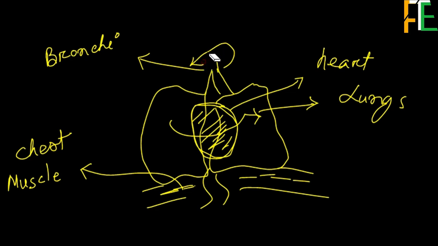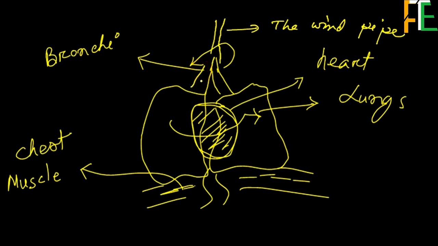The trachea, the wide pipe, is later divided into two small pipes, joining the two lungs, called bronchi.